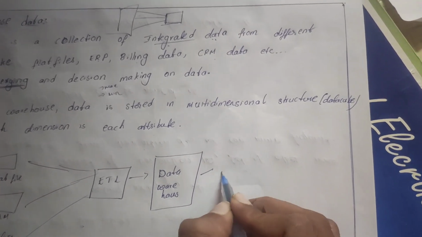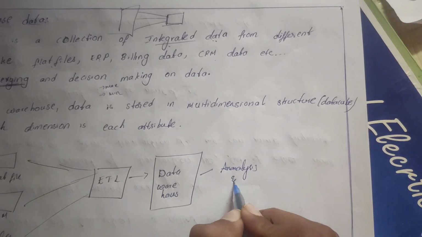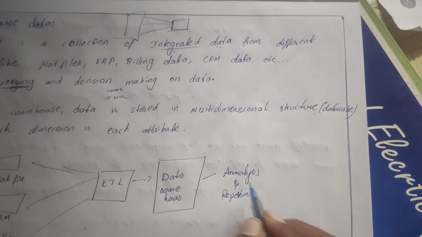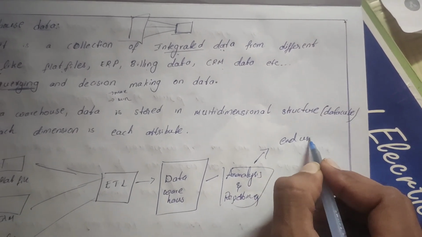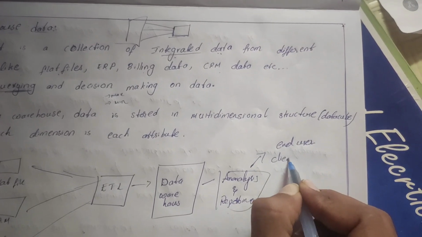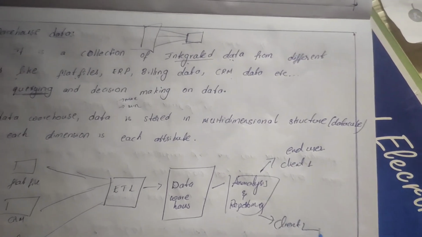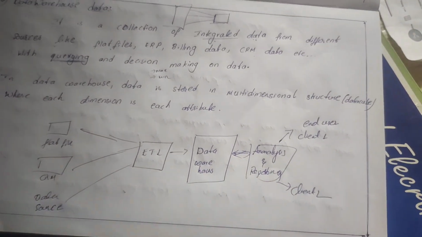It is used for analyzing, reporting and querying by end users, for example client 1 and client 2. This is the process, and these are analyzing tools and reporting tools.